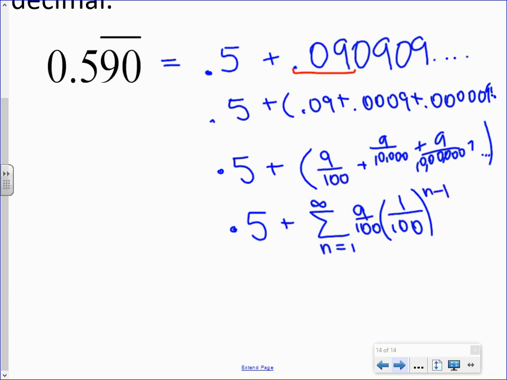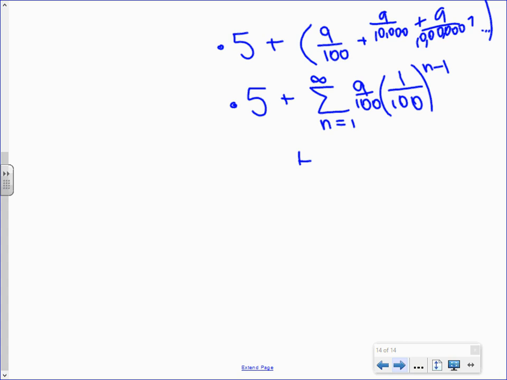Well, we can find an infinite geometric sum by taking the first term over 1 minus r. We have 9/100ths over 99/100ths. What would that reduce to?